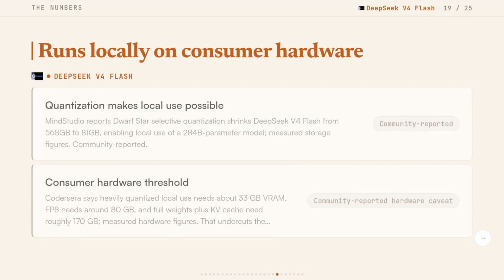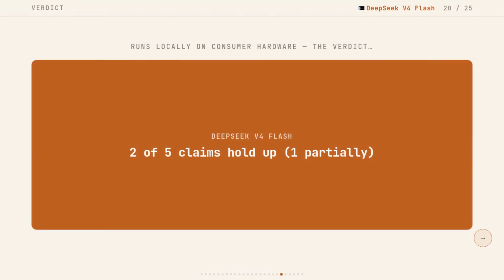The 24 GB consumer claim on screen doesn't match those sourced hardware figures. Claim 5 falls short. Local runs are genuinely possible, but the sourced hardware floor sits at 33 GB VRAM minimum, which is above the 24 GB consumer threshold people keep repeating. Final tally: 2 claims verified, 1 partially true, 2 falling short.